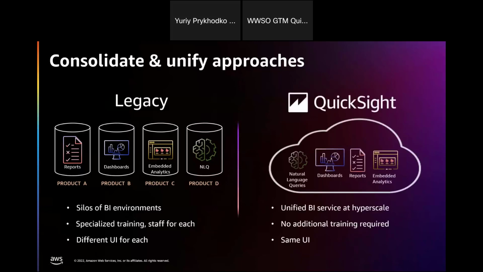QuickSight is a native, serverless, auto-scaling tool built natively for the cloud. And because of that, since the beginning, we thought about how to solve these multiple use cases. Unified BI services at scale is the motto for QuickSight. You will be able to cover all these use cases, from developing traditional interactive dashboards to embedding those dashboards into your portal or application, and creating paginated reports.